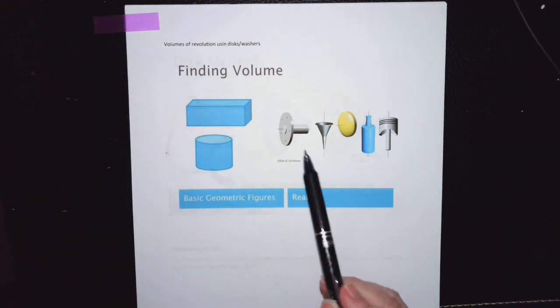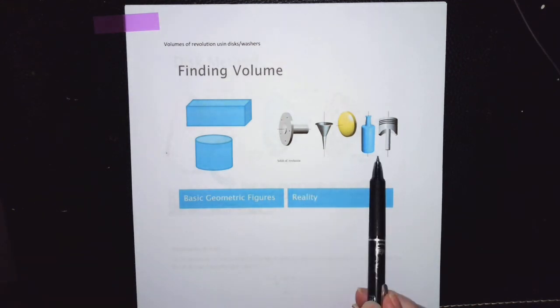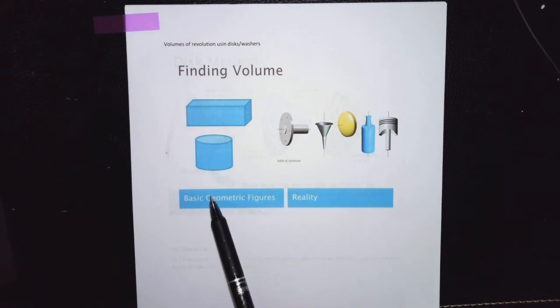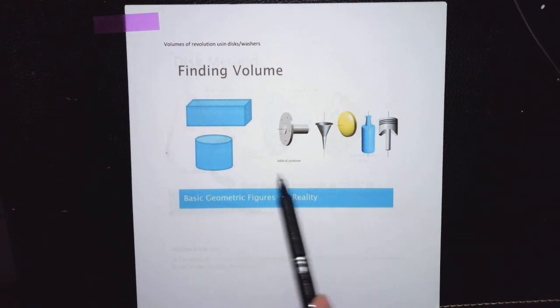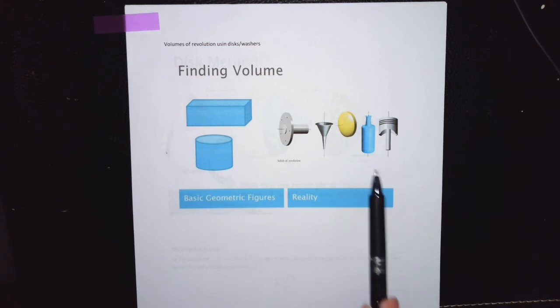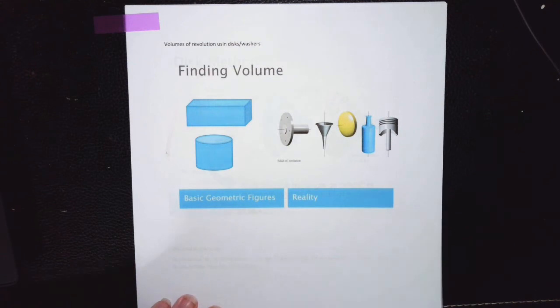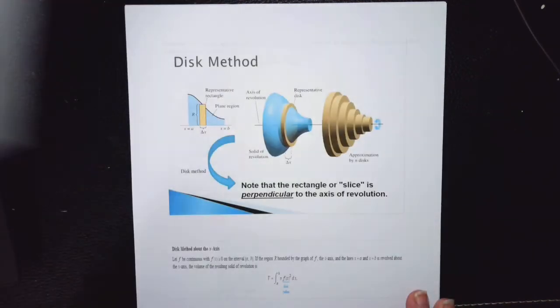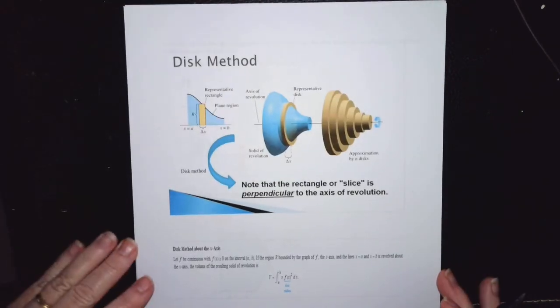But in the real world, things look a little different than just your basic geometric shapes. So we're going to try to find volumes of solids that look like this. We've got a couple different methods to do so, but let's start by talking about what happens.